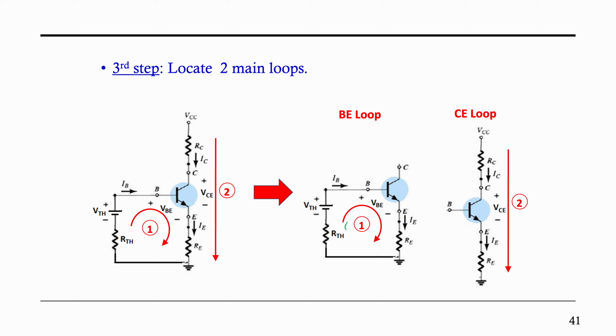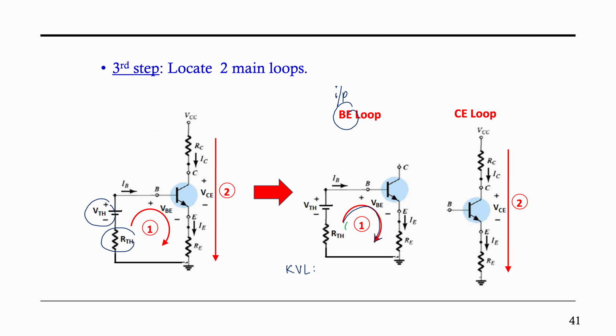So once you have simplified your V Thevenin and R Thevenin, we can use the simple rule that we discussed earlier, the BE loop, or the input loop. So how about the KVL for your input loop?